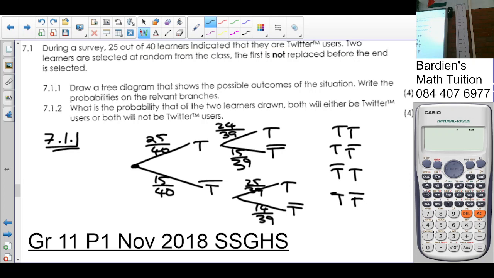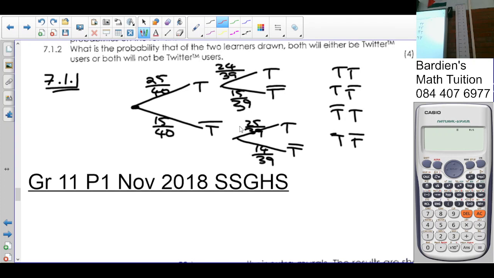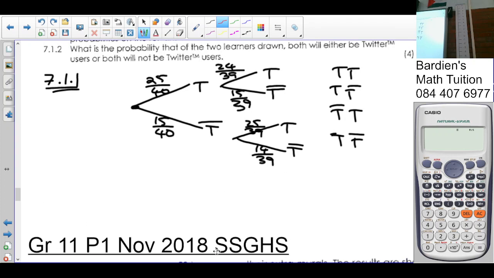The question in 7.1.2 says, what's the probability that of the 2 learners drawn, both will either be Twitter users or both will not be Twitter users? So, in 7.1.2, the probability of Twitter plus the probability of non-Twitter.